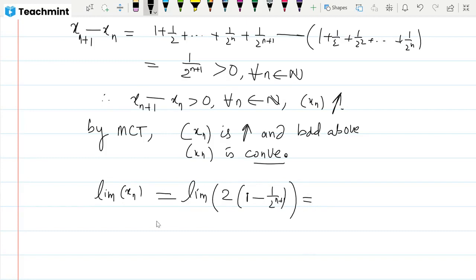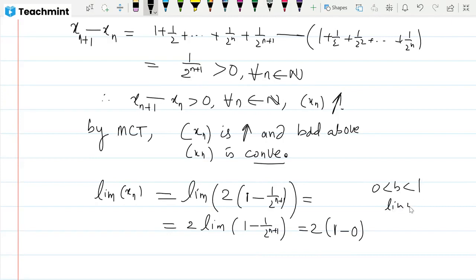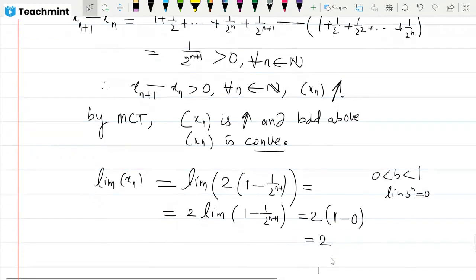This limit is 2 times the limit of 1 minus 1 by 2 power n plus 1. So this is 2 times 1 minus 0. We have seen this yesterday: if 0 is less than b is less than 1, then the limit of b power n is 0, right? So therefore, the limit of the sequence is 2.